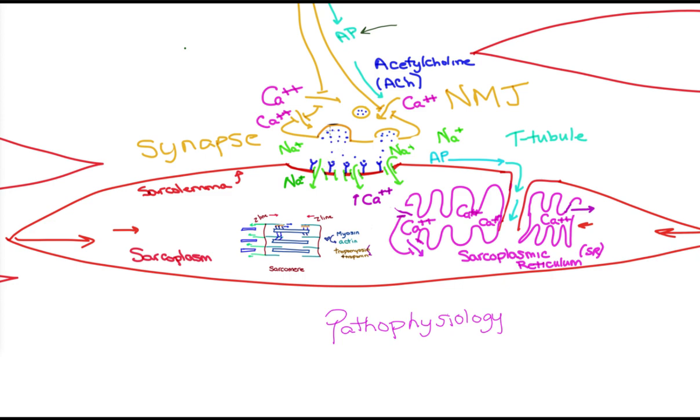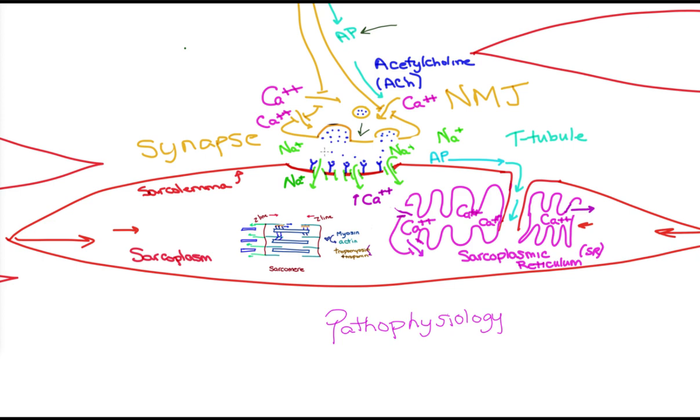You could have problems with acetylcholine. Maybe you don't make enough acetylcholine. Or, for example, you have acetylcholine, but for some reason, these vesicles can't fuse with the membrane of the terminal end. And so acetylcholine never gets out. Again, that would result in paralysis. You would not be able to contract the muscle.